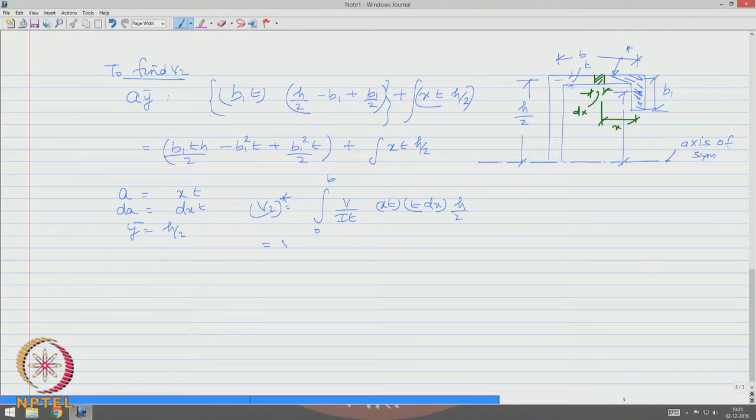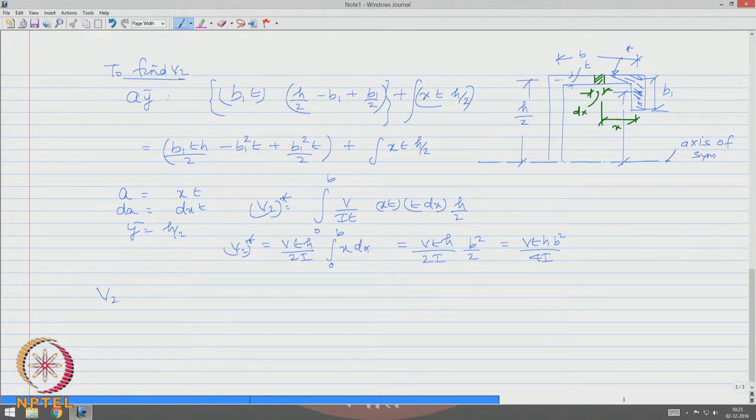So, which will be V t h by 2 I x dx 0 to b, which gives me V t h by 2 I b square by 2, which says V t h b square by 4 I, that is V 2 star, that is this part.